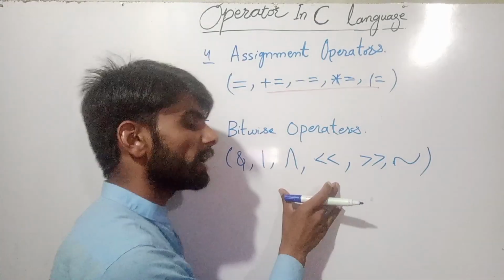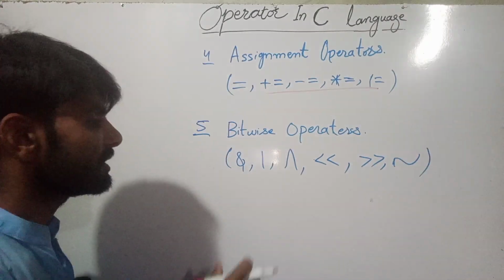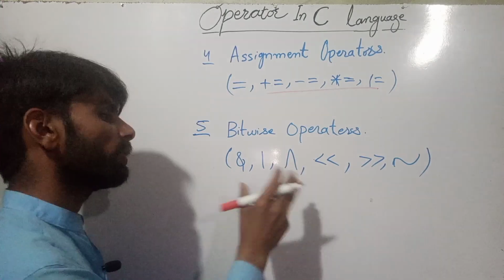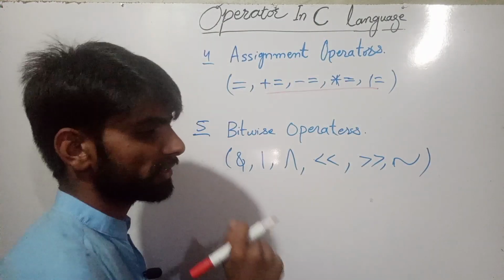Bitwise operators are used by both users and machines, right? Because these are fundamental low-level programming tasks like manipulating individual bits in data structures, right?